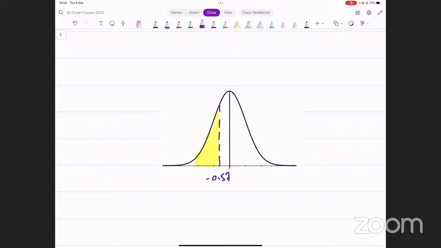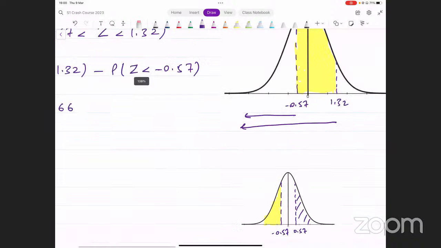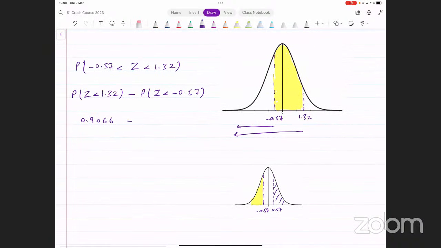So first thing we could do is flip this and make it this area. That will be the same, right? The area to the right of 0.57. Let's write that here. We could write this as z greater than 0.57, because that's the same region as well. So z less than minus 0.57 is the same as z greater than plus 0.57.